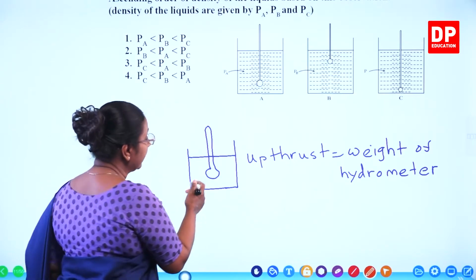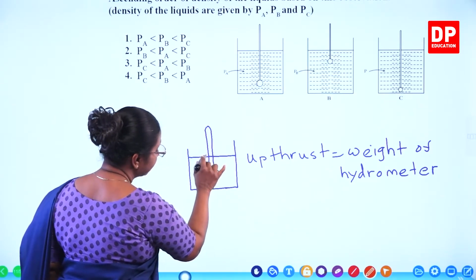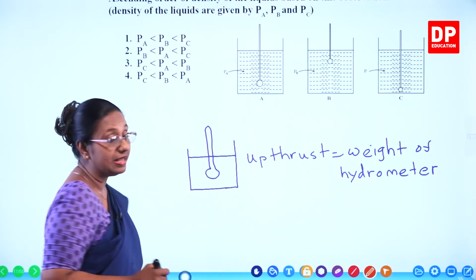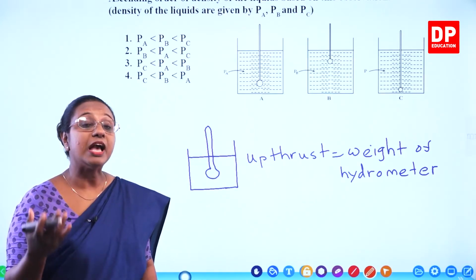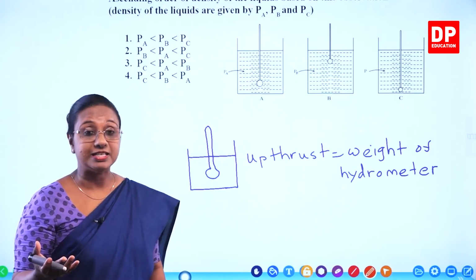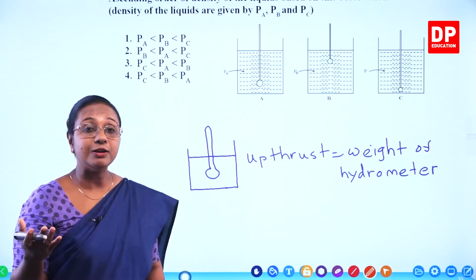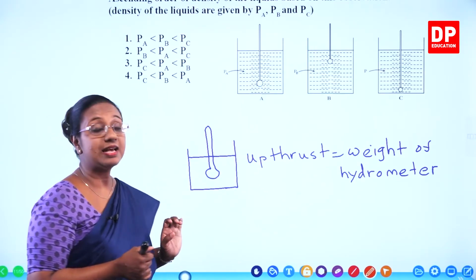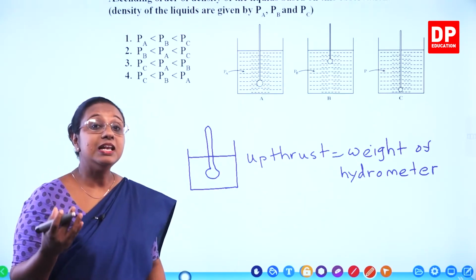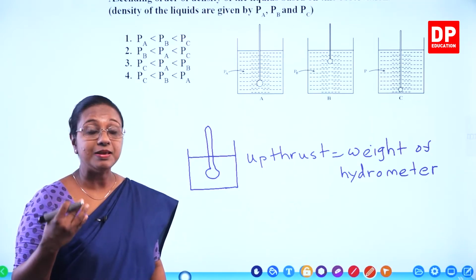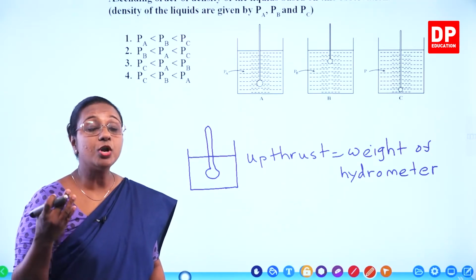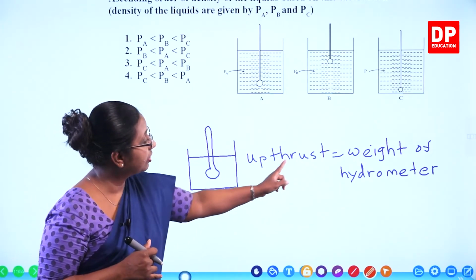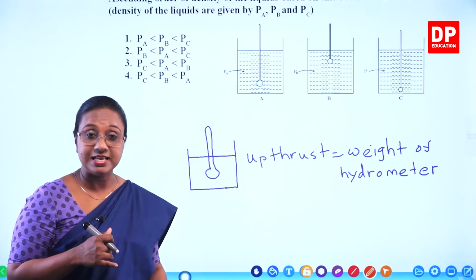So, if this part is within the liquid, that is the volume of liquid that would have been displaced. If you calculate the weight of that volume of liquid, that will be equal to the upthrust. If the liquid has a higher density, less volume of liquid will be displaced when the upthrust equal to the weight of the hydrometer is exerted.